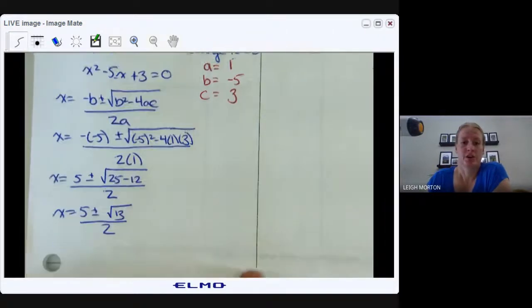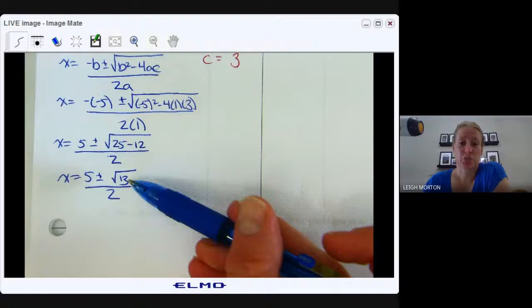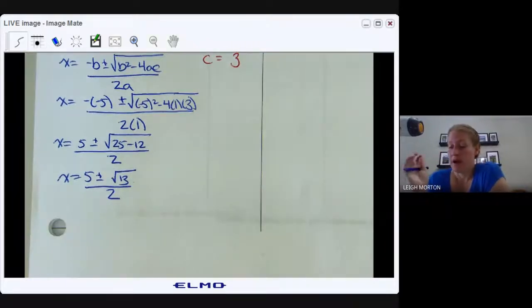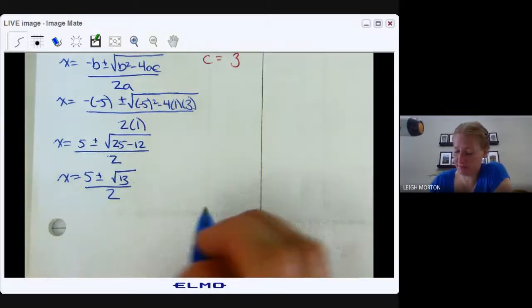All right, so here, all of a sudden we're seeing we don't have a nice perfect square. We're going to have a decimal. In most of the questions I give you, I'll specify how many decimal places to solve to. I'll usually say solve to 1 or 2 decimal places. Let's go to 2 decimal places now.